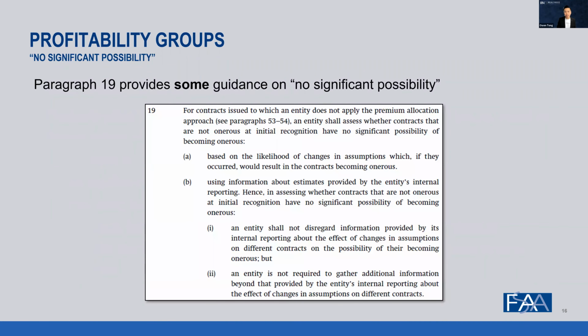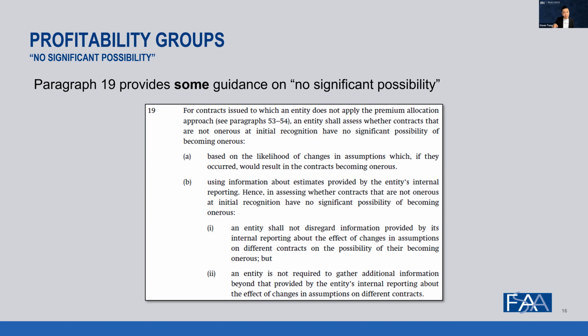But IFRS 17 does provide some guidance in the revised standard, to say that you need to look at the likelihood of changes in assumptions. For example, say you have contracts that you're expecting to be profitable, but you realize that if the loss ratio increases by a little bit, it pushes over and it becomes loss making.